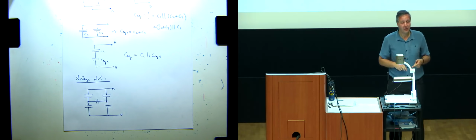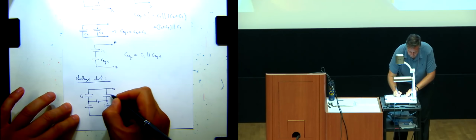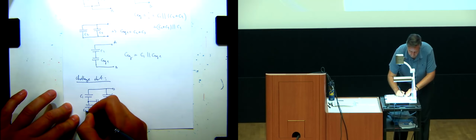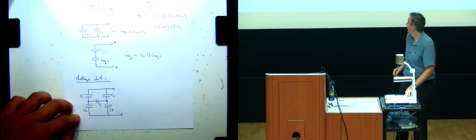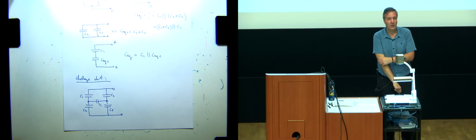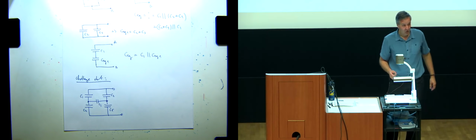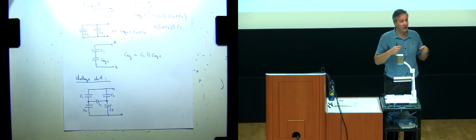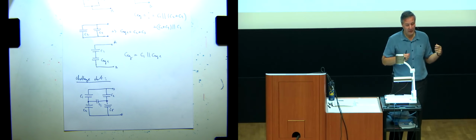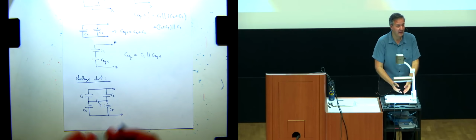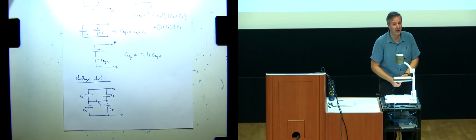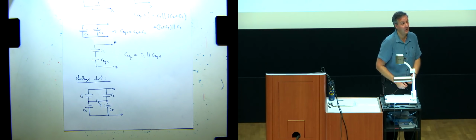I'm not going to do it here. I can label these C1, C2, C3, C4, C5. I'm putting this one down here for a reason: if you just try to be really quick about it and conclude what is in series and what is in parallel, you may actually be wrong.